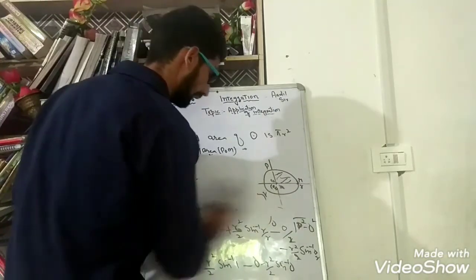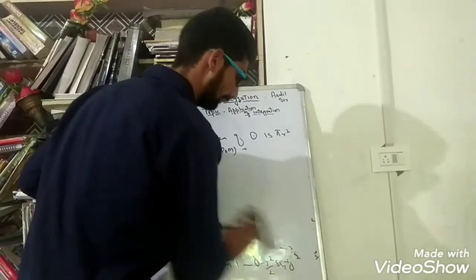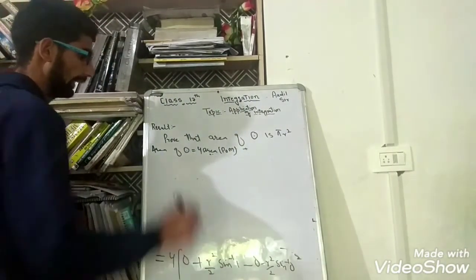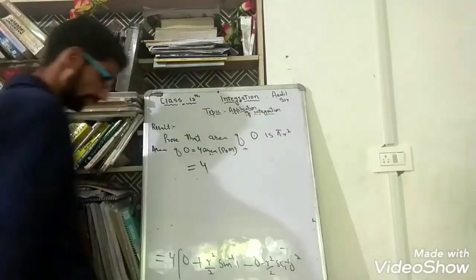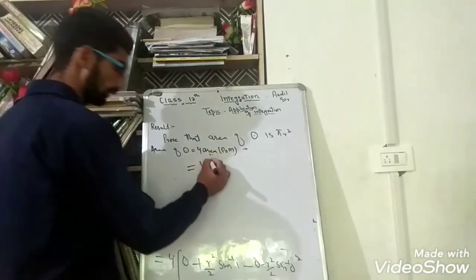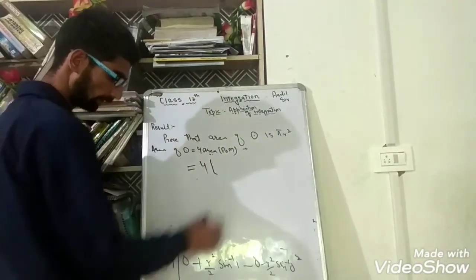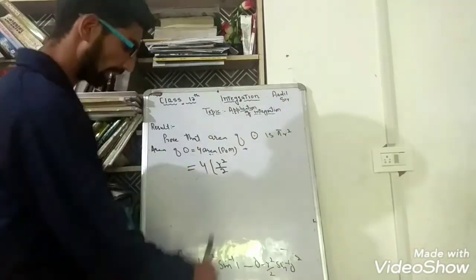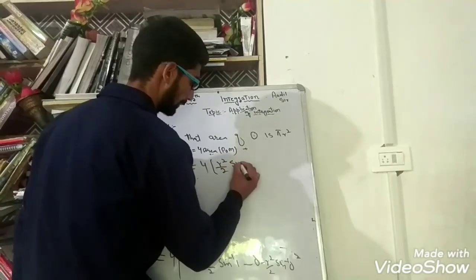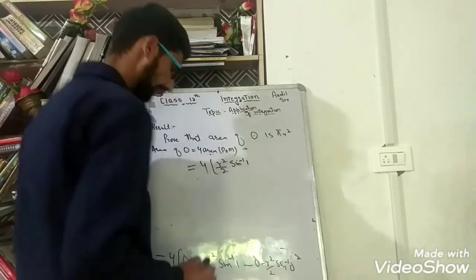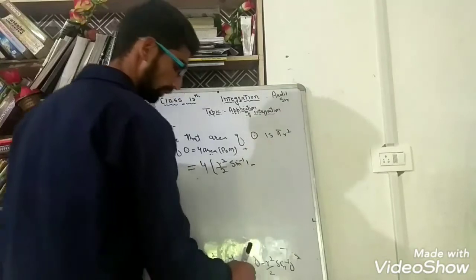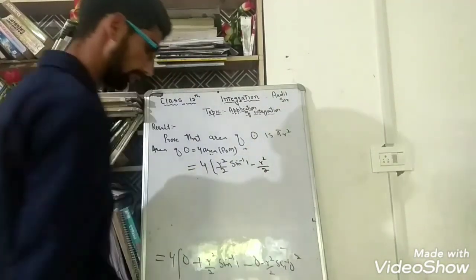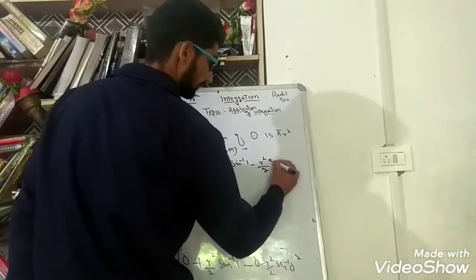So up to here I am getting area of circle equals 4 times this 0 plus r square divided by 2 sine inverse of 1, minus 0, minus r square divided by 2 sine inverse of 0.